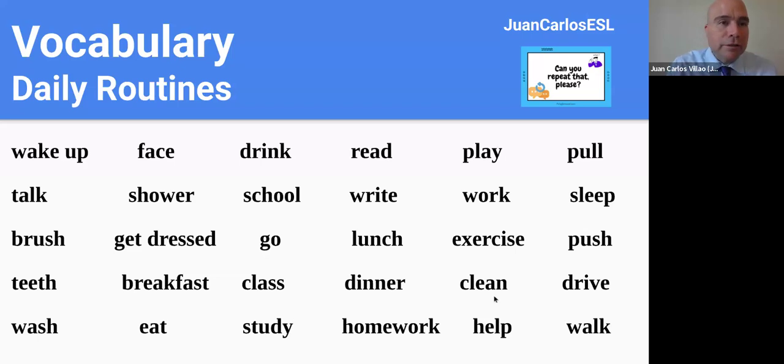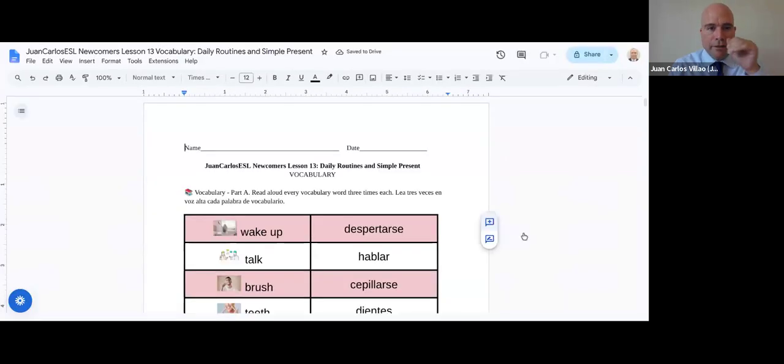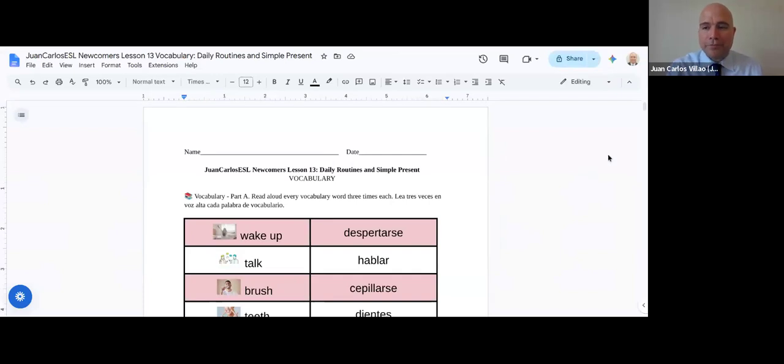Now, before we continue, I would like to share with you the handout, the vocabulary drill exercise. Antes de continuar, vamos a repasar el ejercicio de vocabulario. So just give me a moment while I set that up for you. And then you should see my screen. So this is the vocabulary segment.